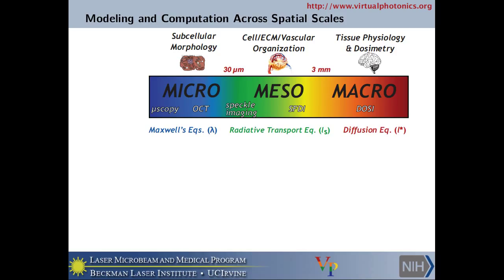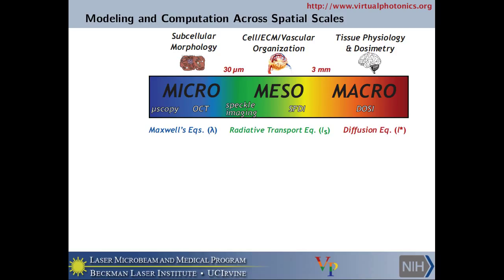This is often called the diffusion equation, or, as I like to call it, the diffusion approximation to the radiative transport equation. It's a modified diffusion process. It's not exactly like thermal diffusion or other types of diffusion in that you actually can extinguish light, so you have to modify a diffusion equation to accommodate for absorption.